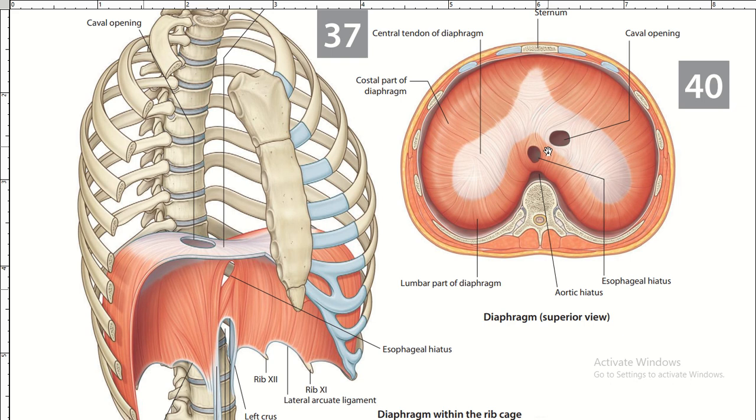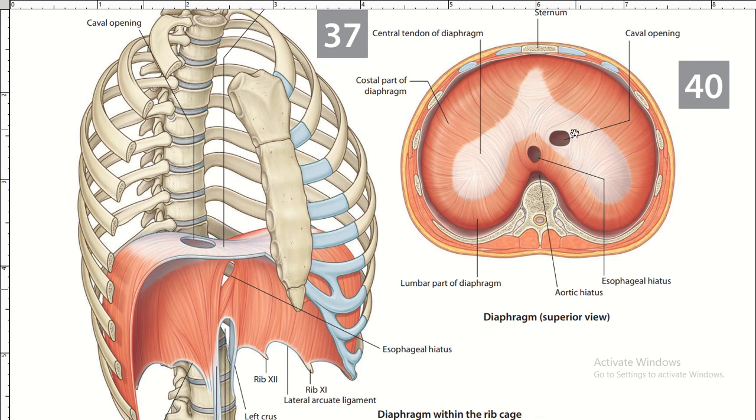They are given a mnemonic called Voice of America. The V is for the vena cava, the O is for the esophagus, the A is for the aorta. So 1, 2, 3.